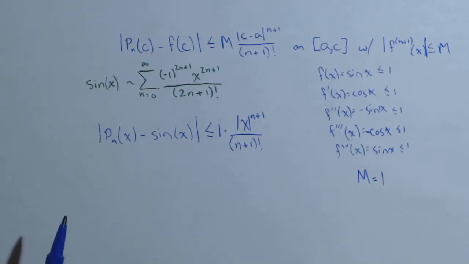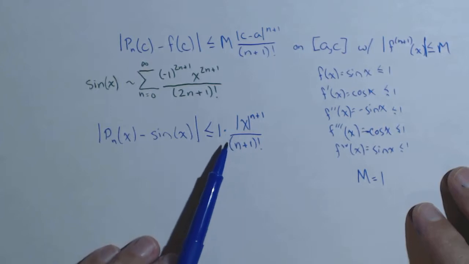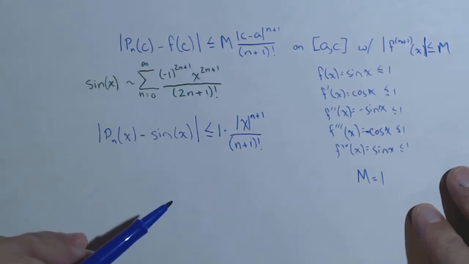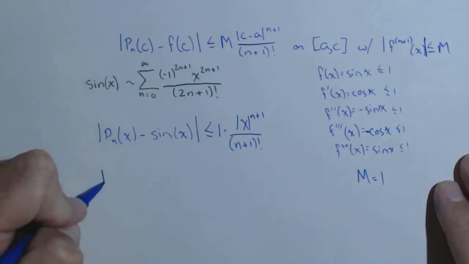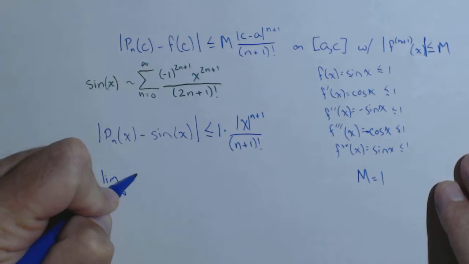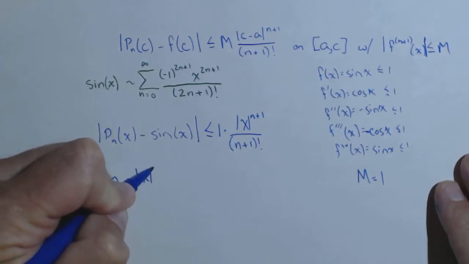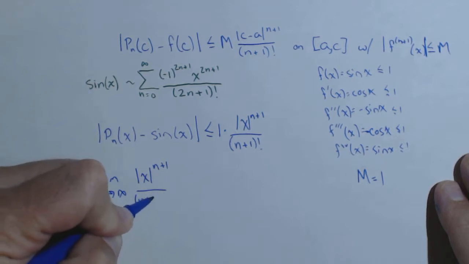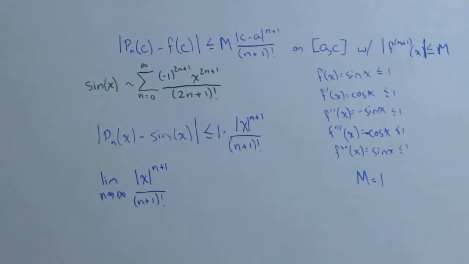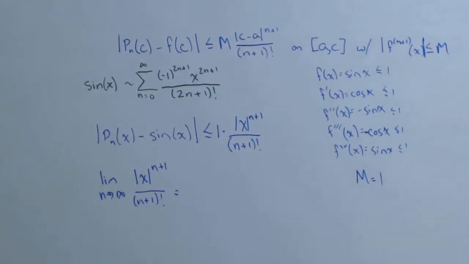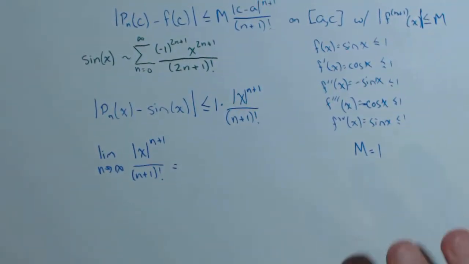Now, what we need to look at is what happens as n gets infinitely large, because we're taking the infinite Taylor series. So we need to look at the limit as n goes to infinity of the absolute value of x to the n plus 1 over n plus 1 factorial. We need to figure out what this limit is. Now, here's what we're going to do to help us out.